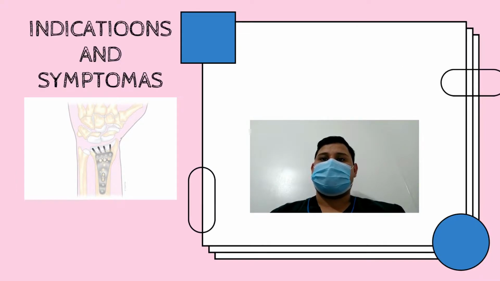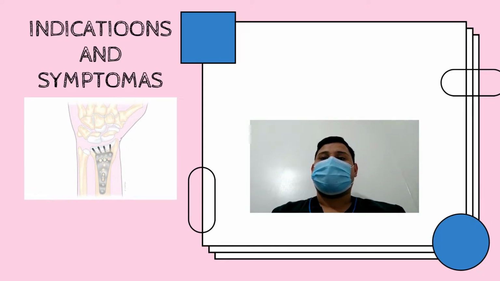Signs and symptoms. Generally, the most common fracture in the distal radius is the Colles fracture. The Smith fracture is also very common and is caused by a fall with the hand flexed, a flexion fracture.